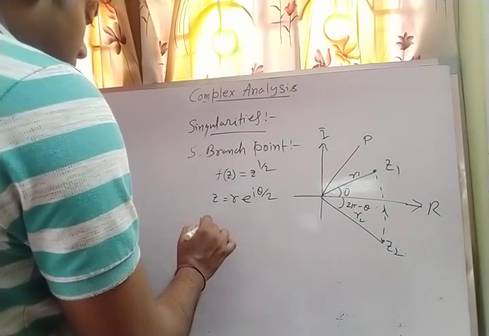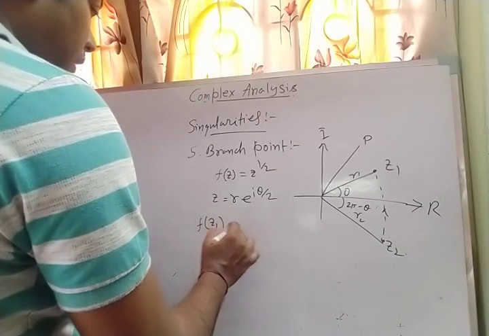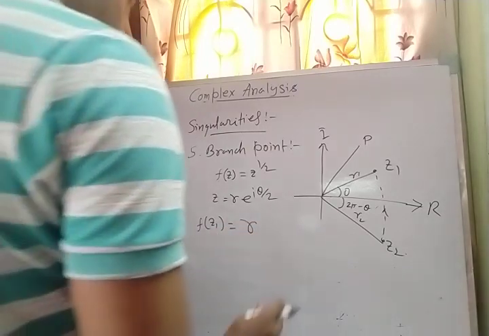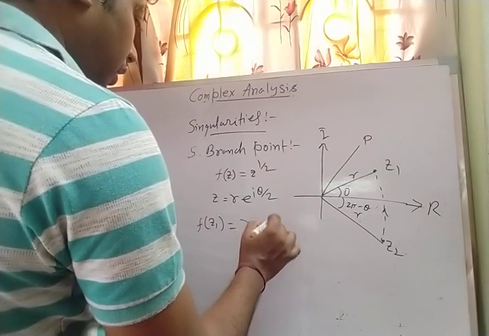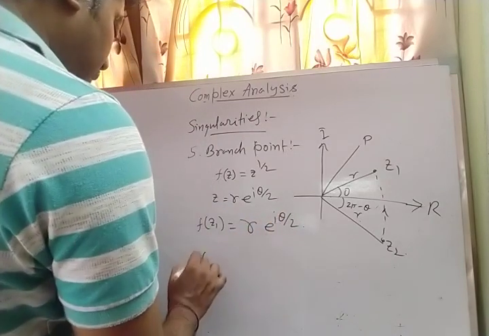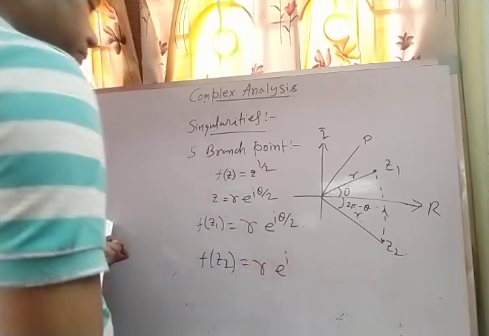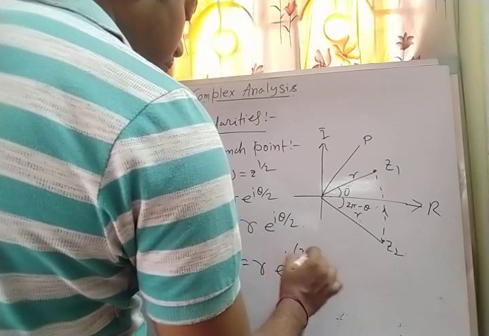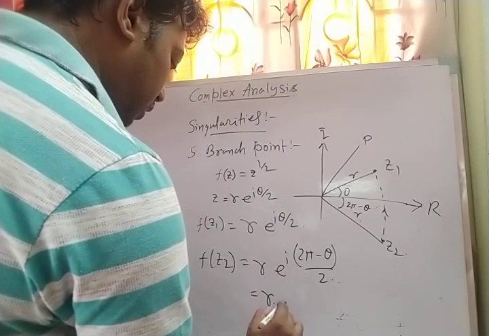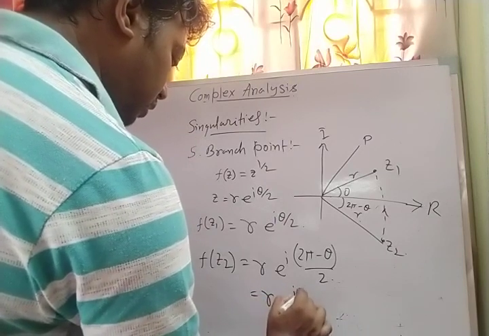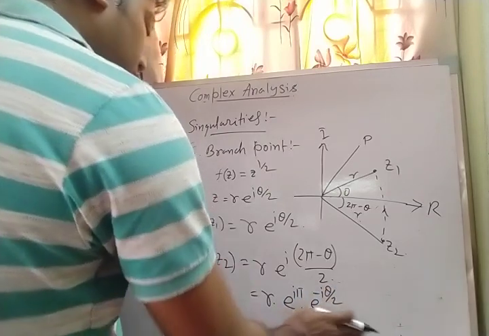So f of z1 gives r e to the power i theta by 2, and the function f of z2 gives r e to the power i (2 pi minus theta) by 2, that is r e to the power i pi into e to the power minus i theta by 2. Okay.